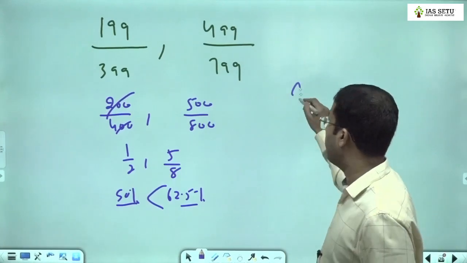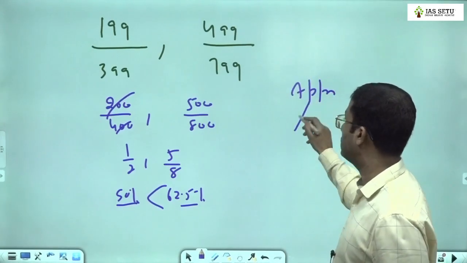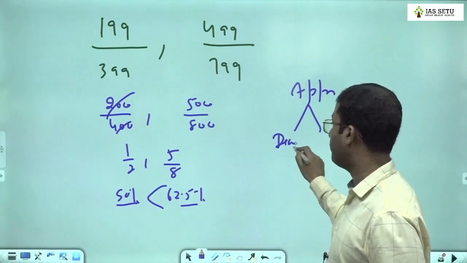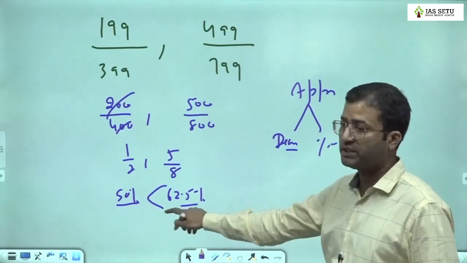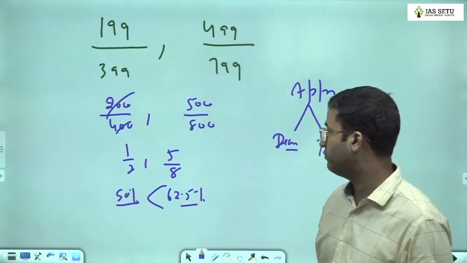Approximation पहला होता है approximation step. दूसरा होता है उसके बाद या तो you take help of decimal or you take help of percentage. Whatever is comfortable to you.